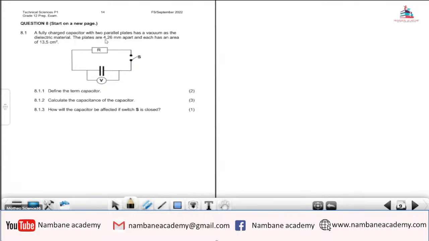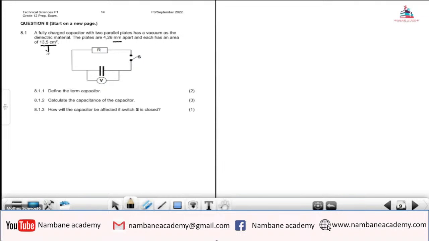The plates are 4,26 millimeters apart, and each has an area of 13,5 centimeters squared. What did I write? I said, please check for any conversions before attempting any question.